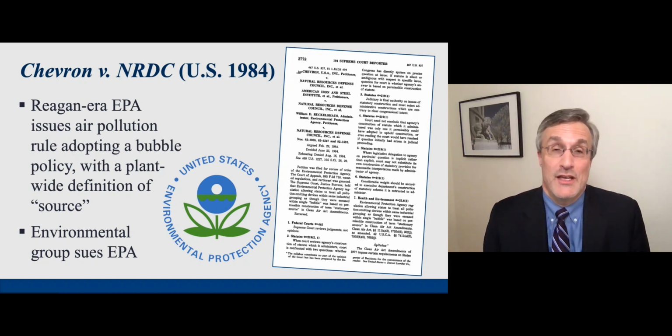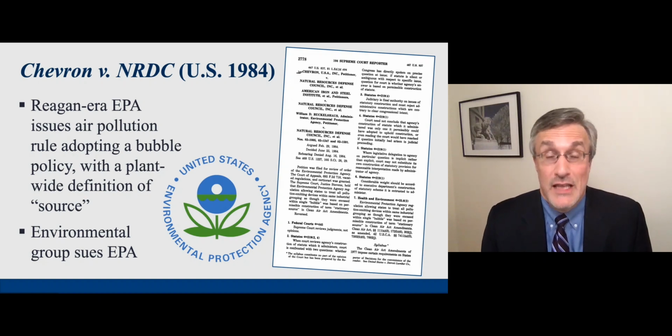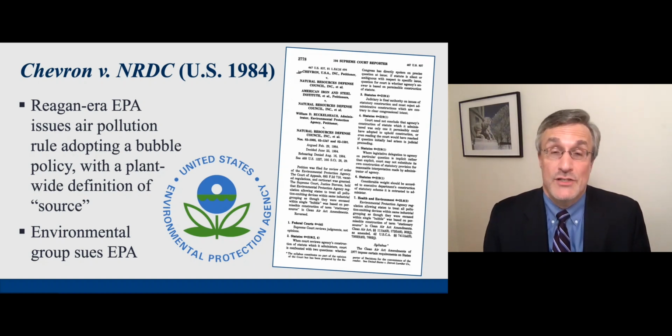The EPA, incidentally, was headed by Ann Burford Gorsuch at the time, and the court won this case, which is kind of interesting because Ann Burford Gorsuch is the late mother of Justice Neil Gorsuch on the Supreme Court, and Neil Gorsuch is one of the biggest critics of the Chevron case that his mother's EPA won.